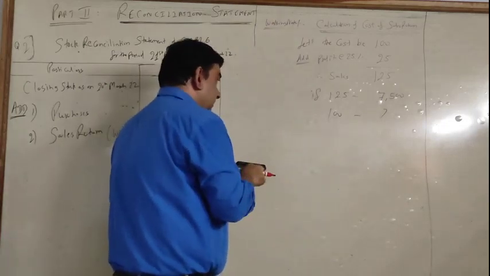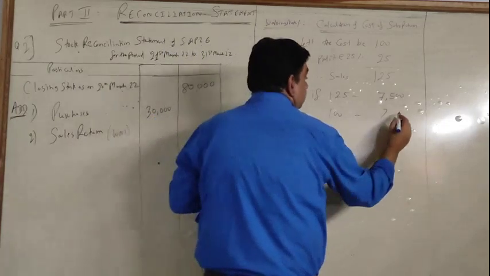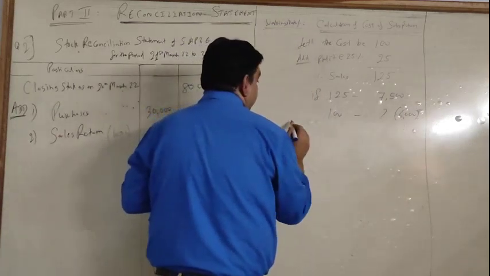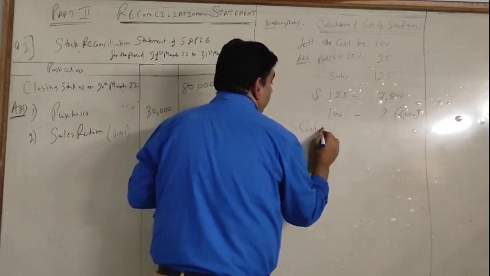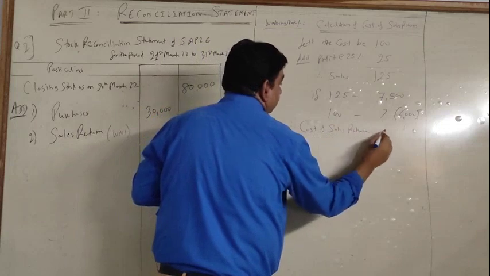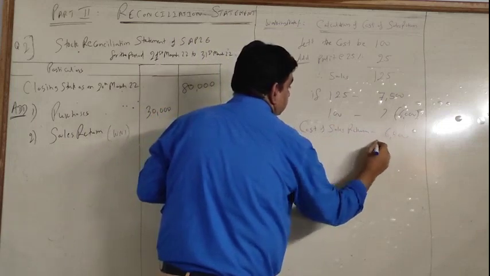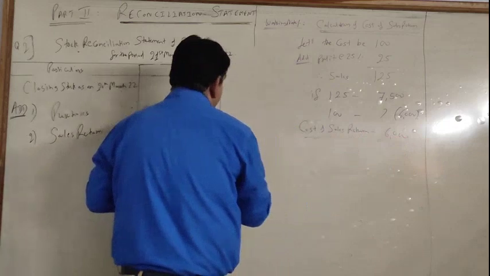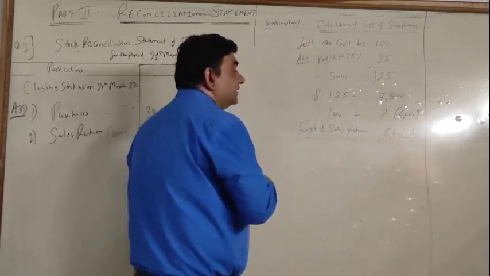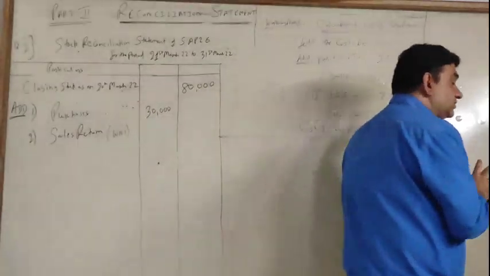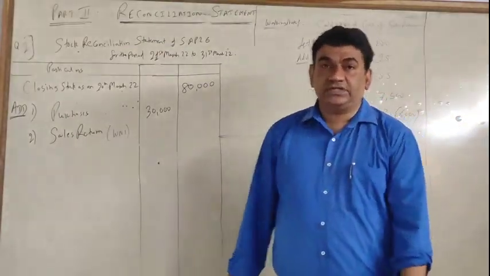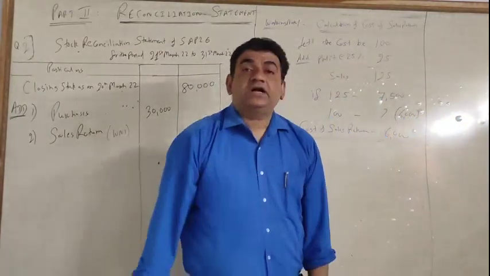Cross multiply, get the answer. If you cross multiply, you get the answer as 6,000. Therefore, my cost of sales return is 6,000. That means the goods which had the sales value of 7,500, their cost is 6,000.